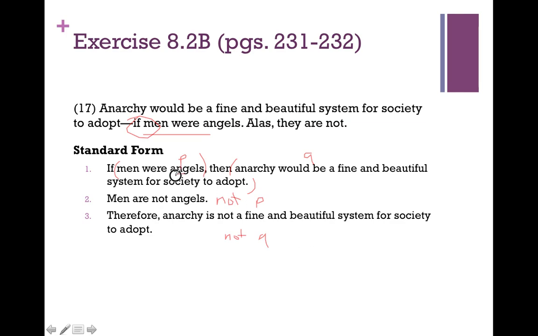The antecedent in this case is P, and we are denying the antecedent, which hopefully you remember from last lecture. That's an invalid argument. And this is kind of interesting because this is the only case I've ever heard where someone made it about anarchy, but I've heard people say socialism would be a great theory if everybody were angels.